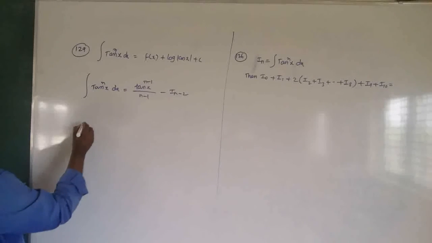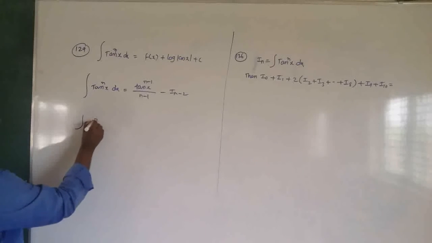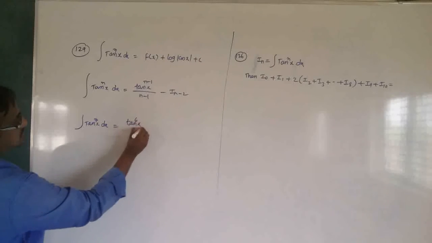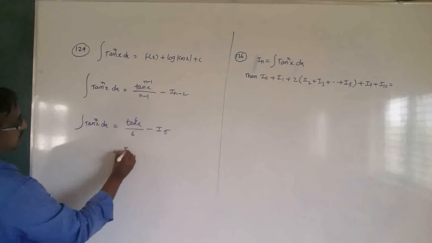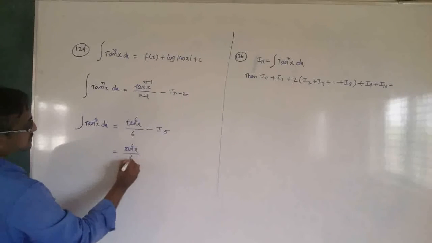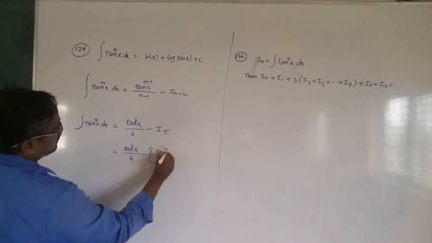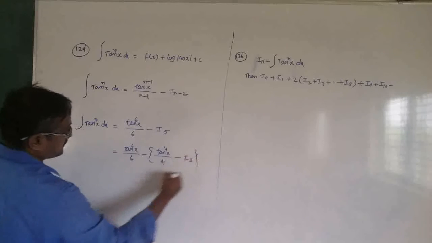Now apply the reduction formula to integral tan power 7x dx. So it will be tan power 6x by 6 minus I5. So tan power 6x by 6 minus, again I5 is tan power 4x by 4 minus I3.